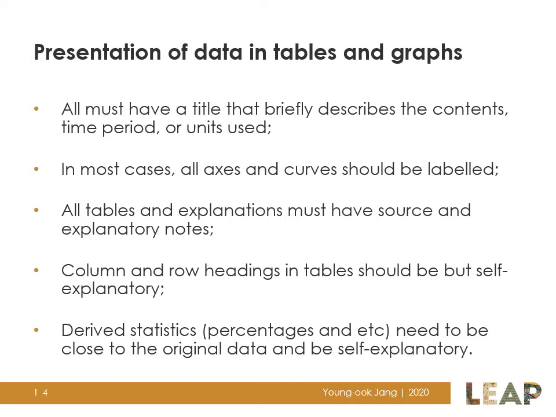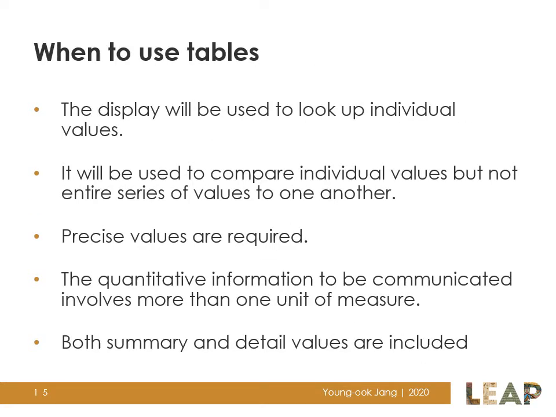Something like a percentage or a logarithm is called a derived statistic, and these statistics need to be close to the original data and be self-explanatory. These are just several principles that you have to remember. Take note and think about this when you have tables and graphs in your dissertation or something like that, okay? Sometimes you have to use tables and sometimes graphs.